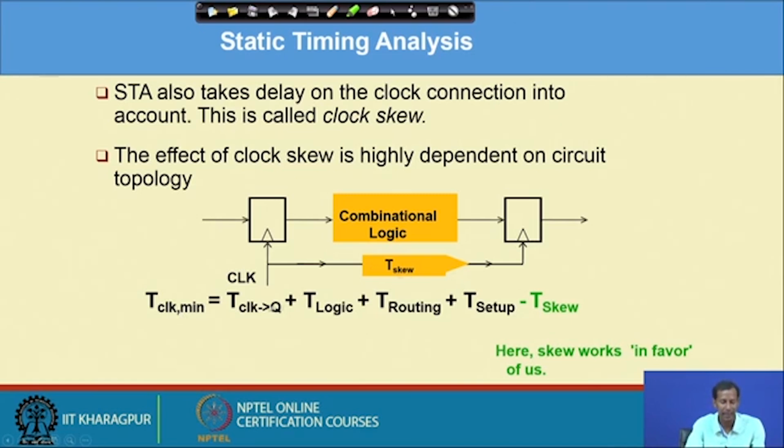But then again, if the clock has some skew, what is the meaning of clock skew? In synchronous design you have to be very cautious, because the clock is synchronous to each of the sequential elements, and many factors are associated with that.